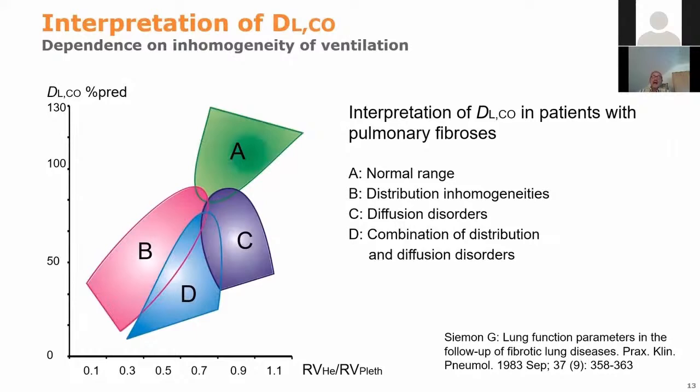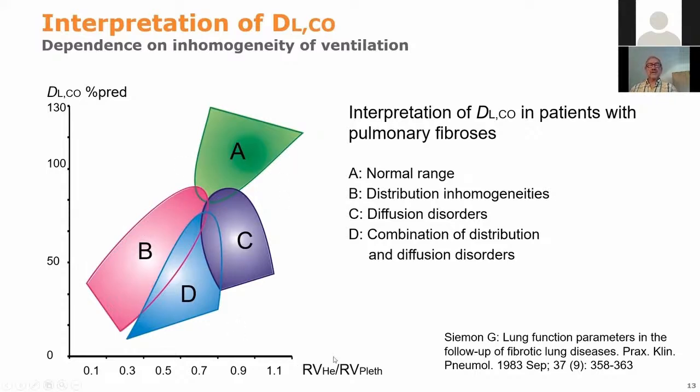And now I'd like to discuss a point which usually is not known, because usually in clinics, the parameter diffusion capacity is interpreted as diffusion capacity itself. And in this graph, I'd like to show that this is not so simple as it seems.